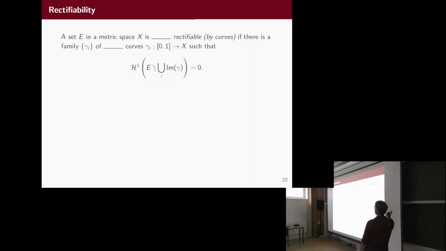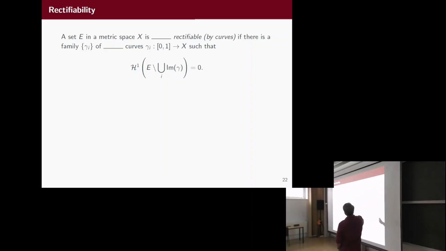If you tuned out and didn't care about any of that Whitney stuff, you don't need it for this part, so you can tune back in for rectifiability. I'll refer to it a few times, but it's not going to be super important. I'm going to say by curves, because when you're in a general metric space, having curves covering your set versus arbitrary sets covering your set are different scenarios, but this is what we need here. So bear with me for now.